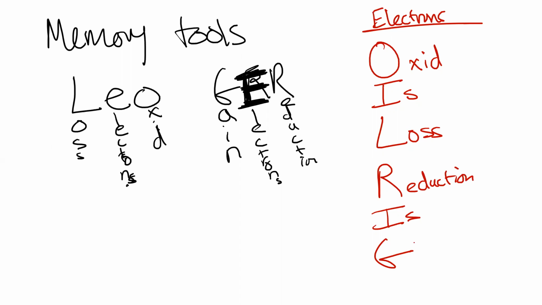Reduction is gain. Loss of electrons is oxidation. Gain of electrons is reduction. Oxidation is loss. Reduction is gain. Okay? I cannot emphasize that enough.